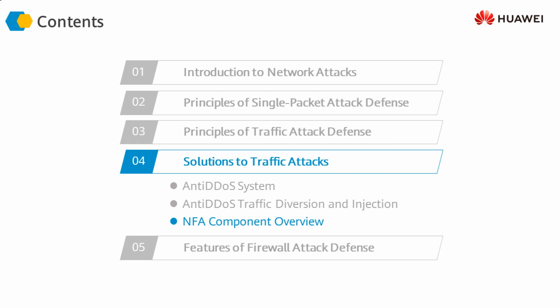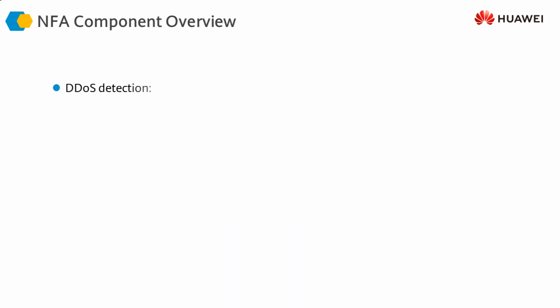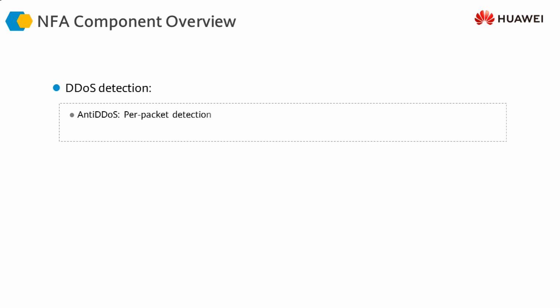Then another component of this Huawei solution is the NFA, where we use the NetFlow analysis engine. We can use Huawei's NFA 2000V, which can be used for flow-based analysis and flow-based detection. As you already know, we can either have per packet detection, which can be done using the detecting center, or we can have per flow detection using the NFA.